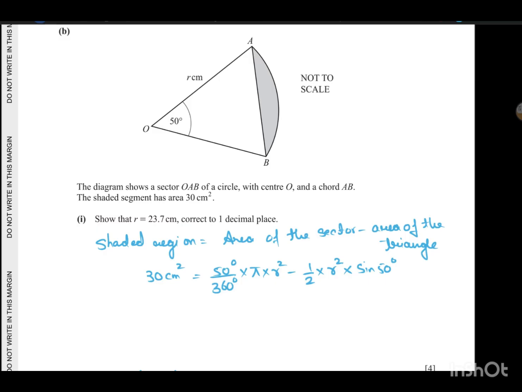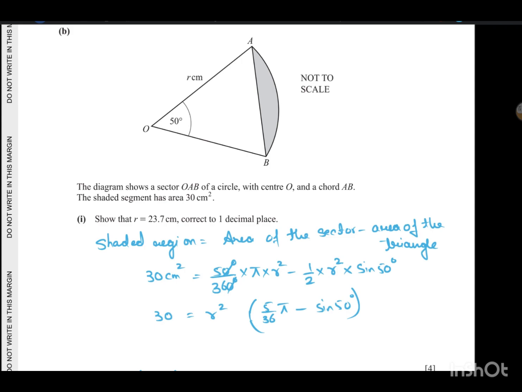Now taking r square common on the right hand side, 30 is equal to, simplify this, zeros will be cancelled, 5 by 36 into pi, r square common, r square into 5 by 36 pi minus sine 50.